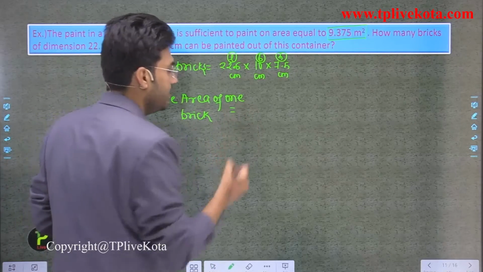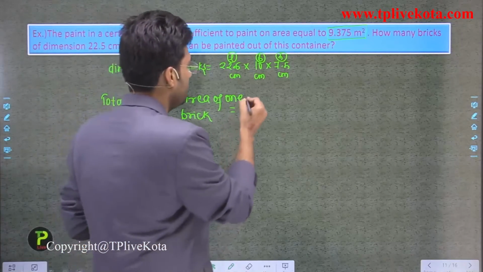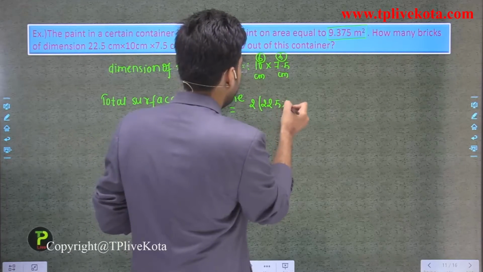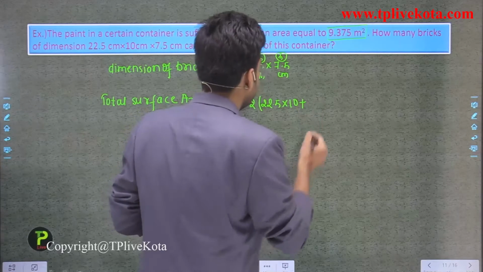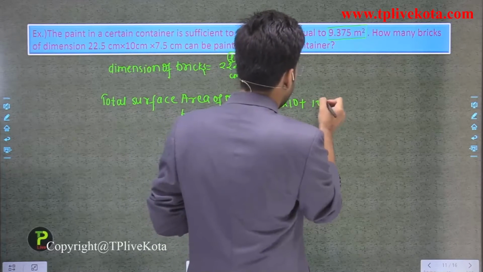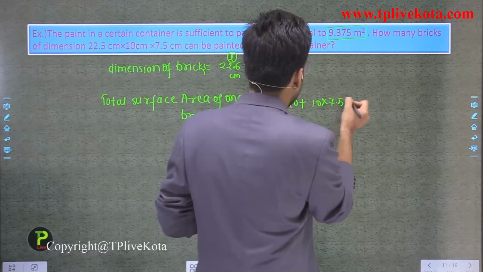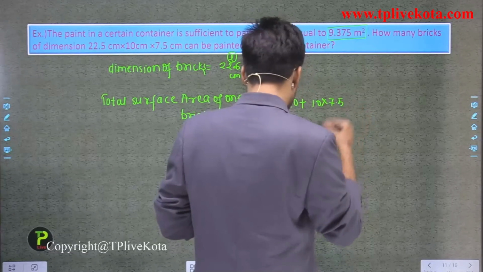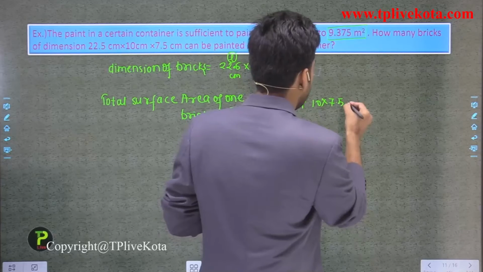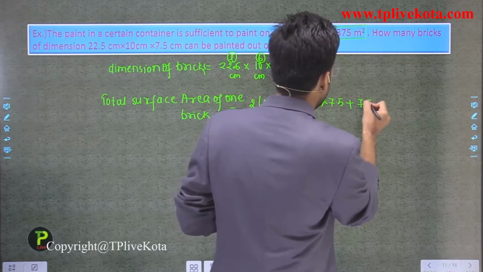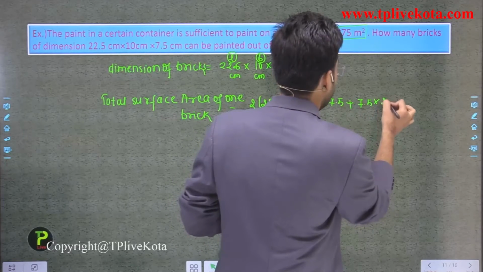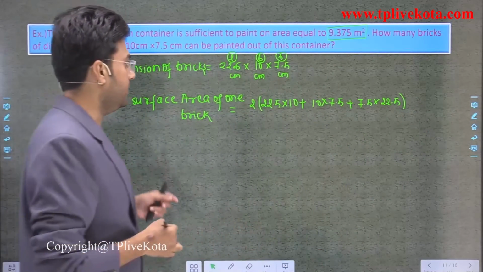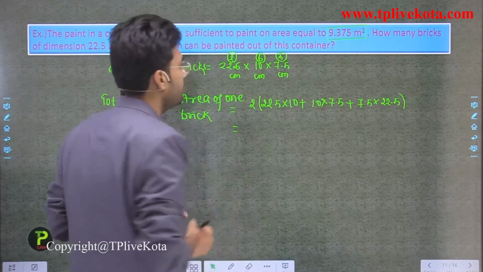Okay, and it is equal to 2 times of 22.5 multiplied by 10 plus 10 multiplied by 7.5 plus 7.5 multiplied by 22.5. Clear? So students, when we solve this, what will we get?